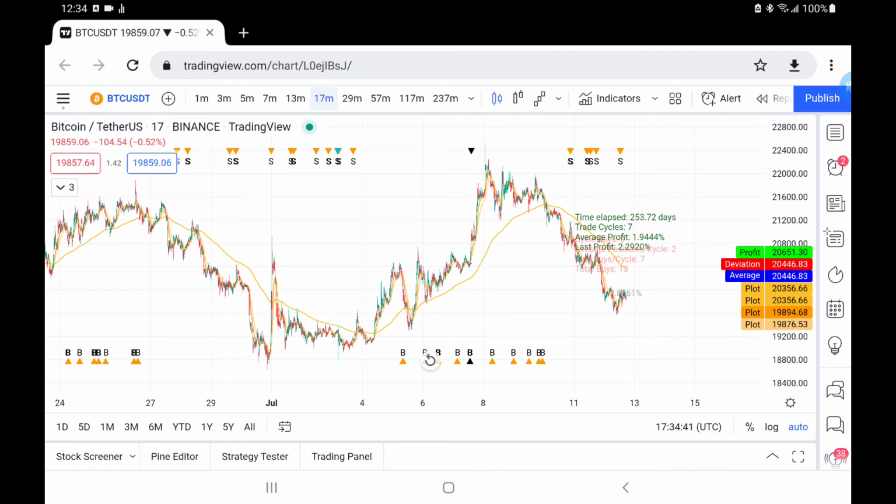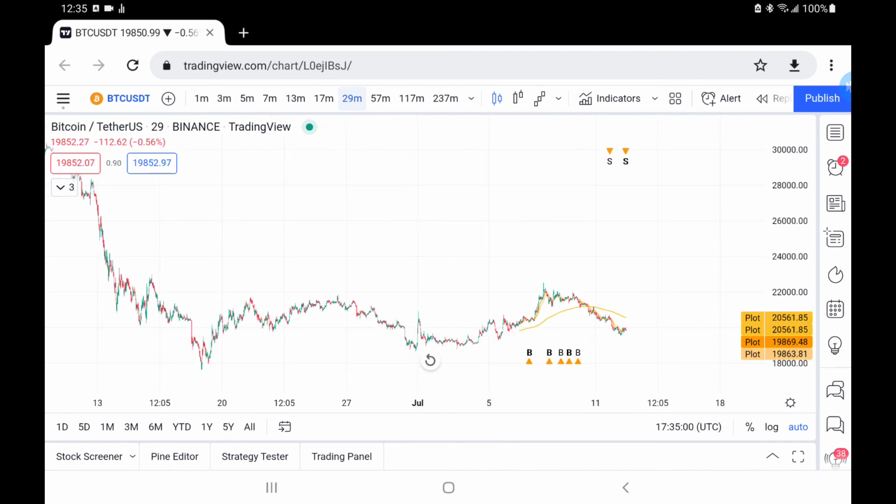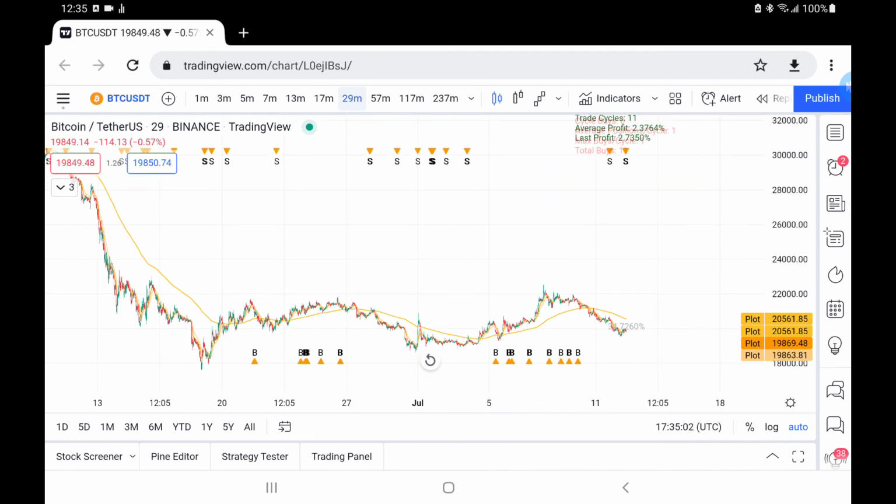Now, of course, you could tweak it for a particular trade cycle or for a particular time frame that you want. For example, a 15-minute would yield higher profits than the 1 minute. But I wanted to demonstrate the resiliency as it was, because usually higher time frames require more accumulation.